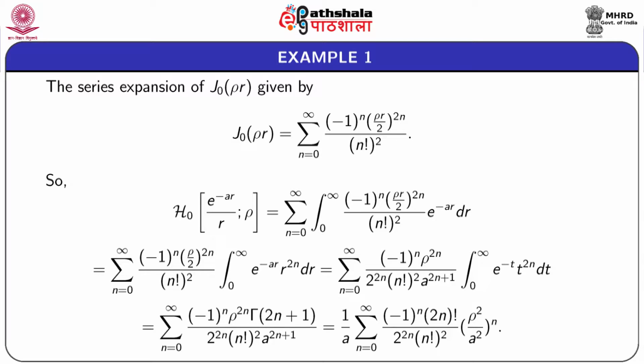Now, this integral can be written in terms of gamma function, that is gamma 2n plus 1.